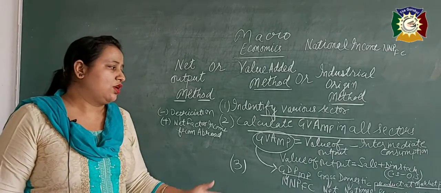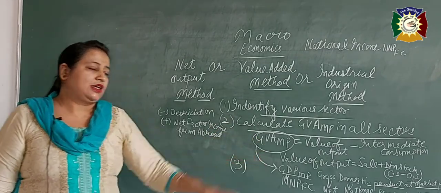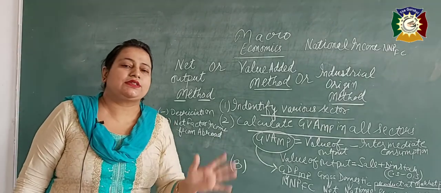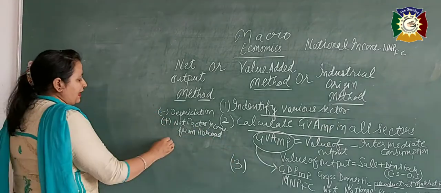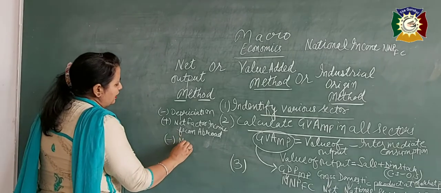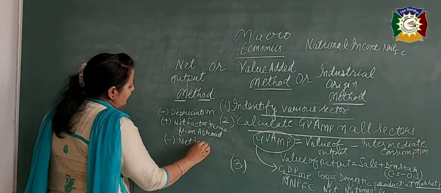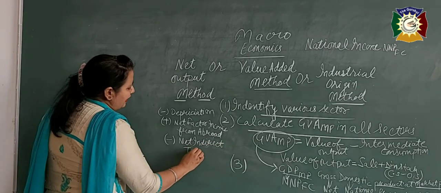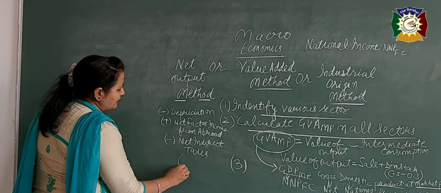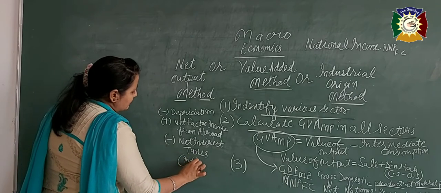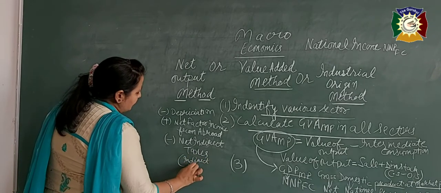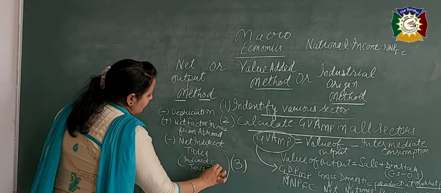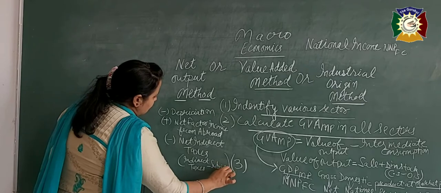When you go from market price to factor cost, net indirect taxes will be deducted: minus net indirect taxes. Formula to find net indirect taxes: indirect taxes minus subsidies.